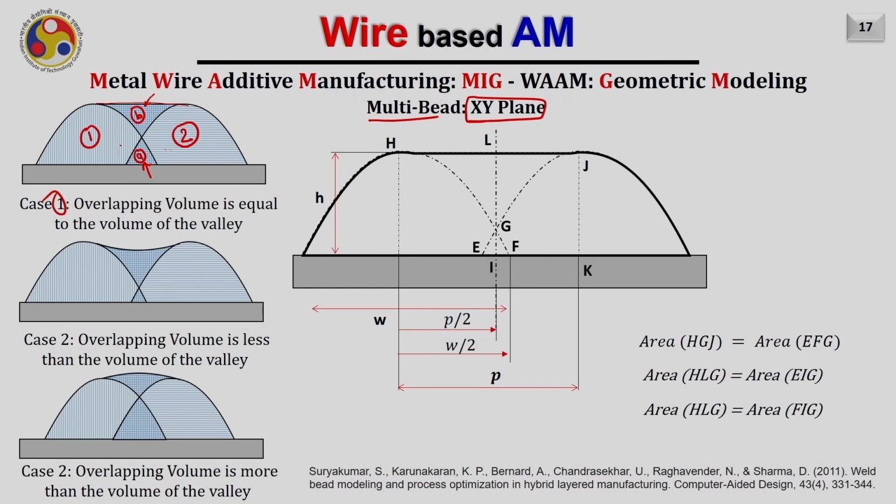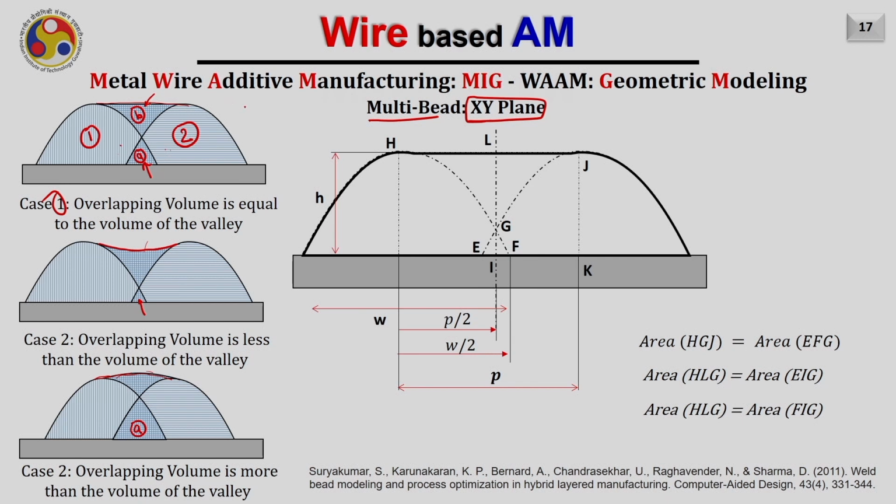However, if the overlapping volume is less as compared to the volume of the valley, in that case you will have the final layer shape having a concavity like this. Although if the overlap is more, the overlapping volume is more as compared to the volume of the valley, in that case you will find a bulge kind of shape at the top.